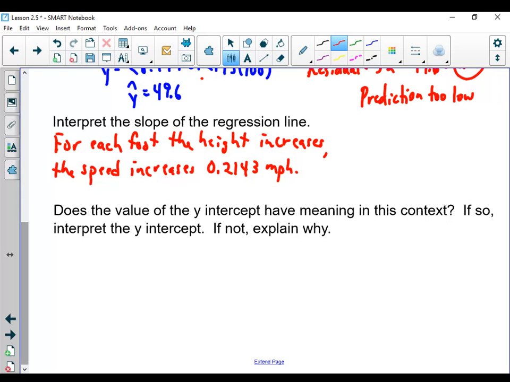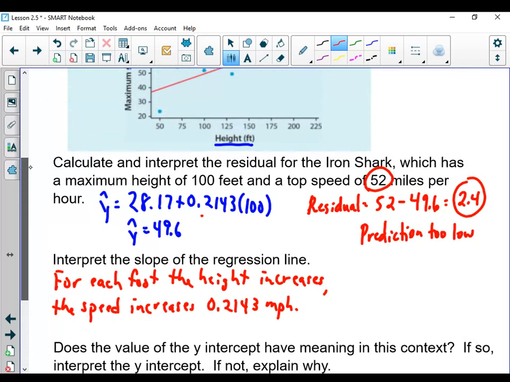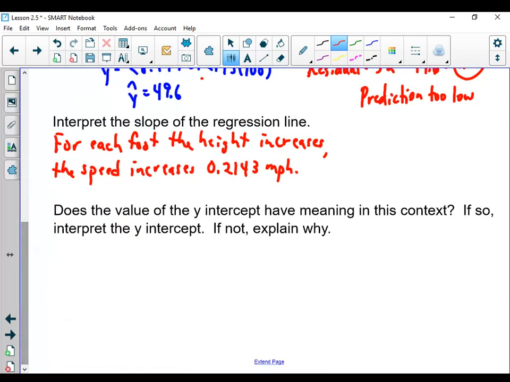All right, what about this last question? The last question wants to know, does the value of the y-intercept have meaning in this context? So remember the y-intercept is when x equals 0. Well, x represented what again? The height. So if I'm talking about a roller coaster and the height was equal to 0, well, a roller coaster when the height is equal to 0 is really a train, isn't it? It's just on the ground. So does it really have meaning in this context?